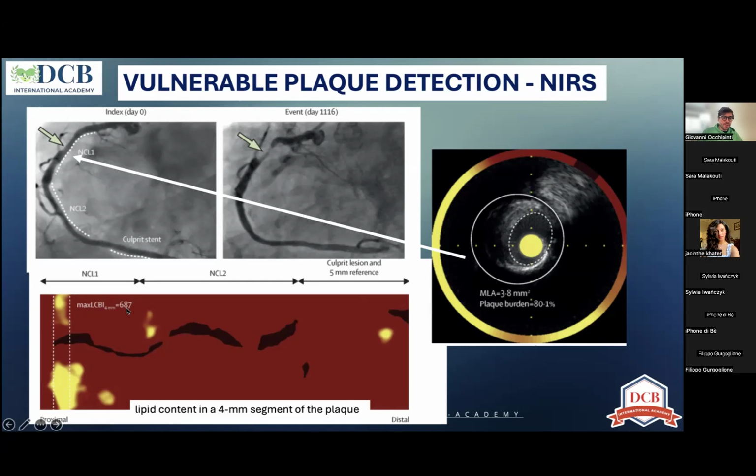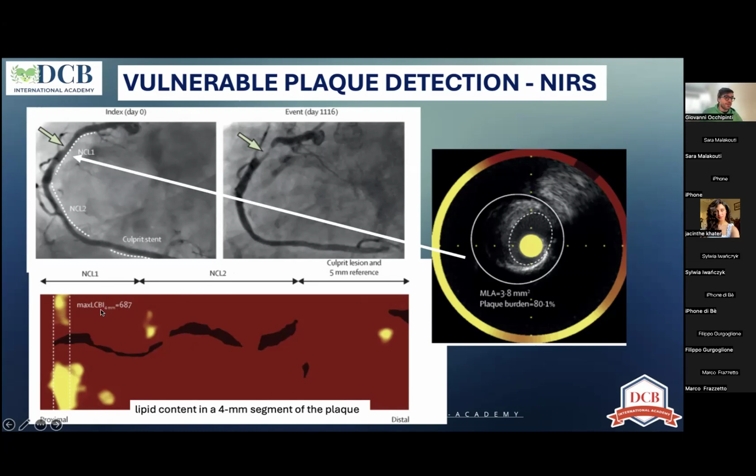As you can see, for the non-culprit lesion number 1 compared to the non-culprit lesion number 2, there is a very high lipid content that you can see in yellow, and the maximum lipid core burden index in the 4 millimeters of the evaluation was above 400.